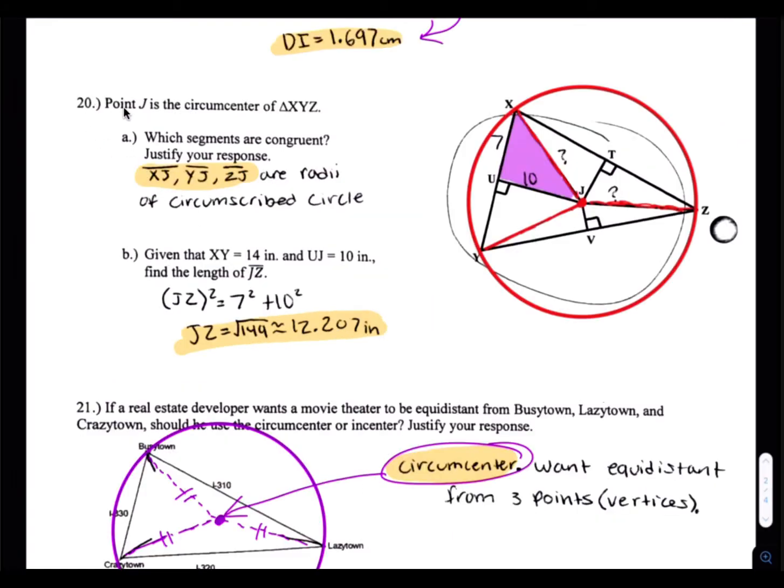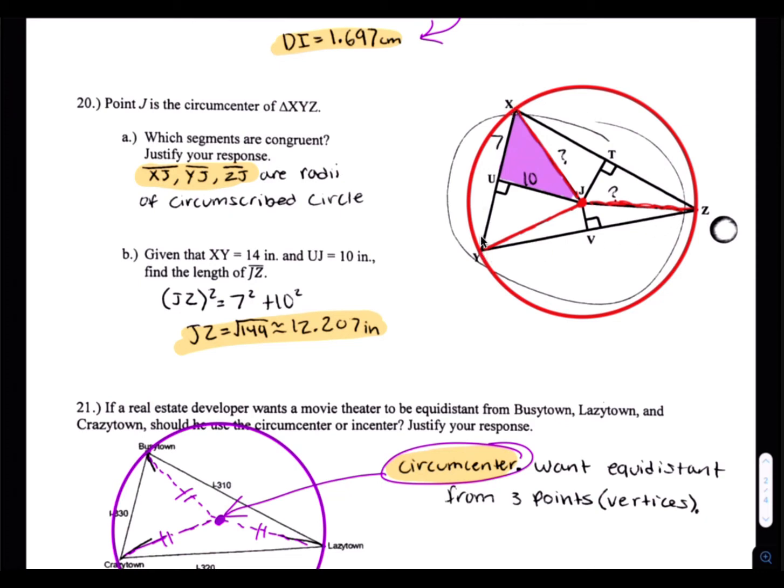All right, for number 20, it says point J is the circumcenter of the triangle XYZ. The circumcenter is J. That means it's the center of a circle that circumscribes the triangle, meaning that the circle touches each one of the corners of this triangle.